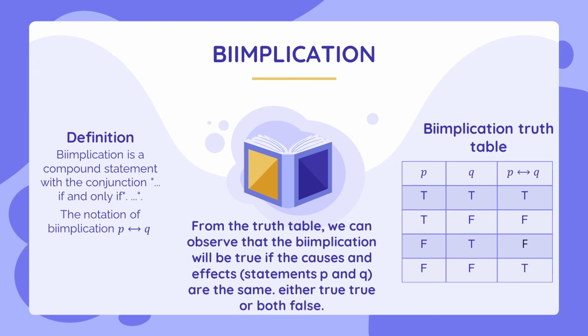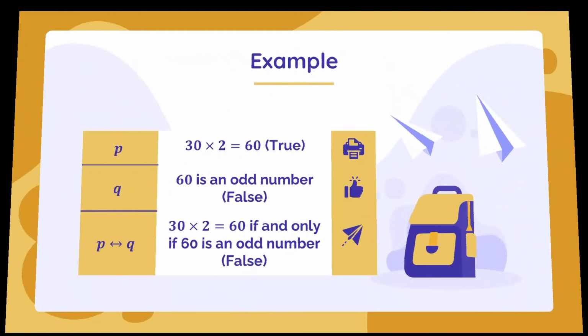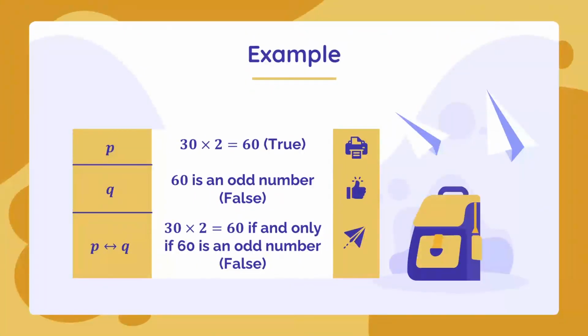From the truth table, we can observe that the biimplication will be true if the cause and effect are the same, either both are true or both are false. For example, P: 30 multiplied by 2 equals 60, statement is true.